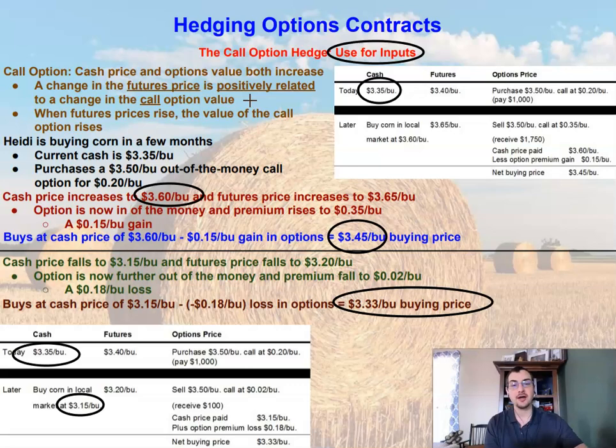But if there's a loss in the options, then that loss is going to add to the buying price. That's okay, because our buying price should have fallen, since the prices for both the futures and the cash should have fallen. Now, a change in the futures price is positively related to a change in the call option value.